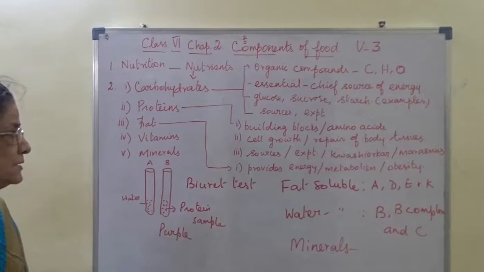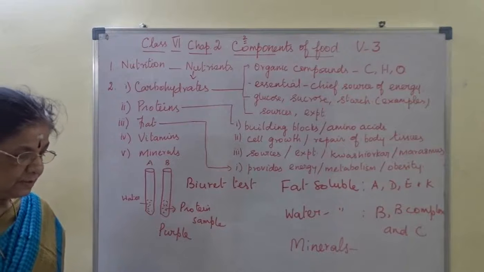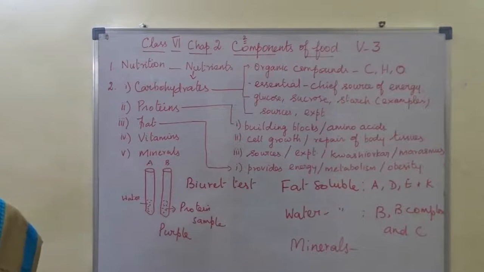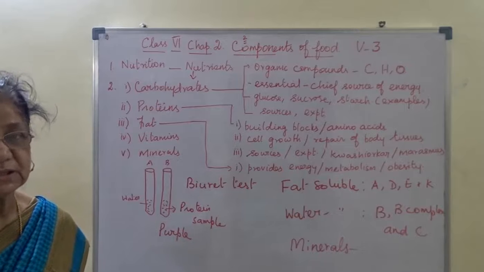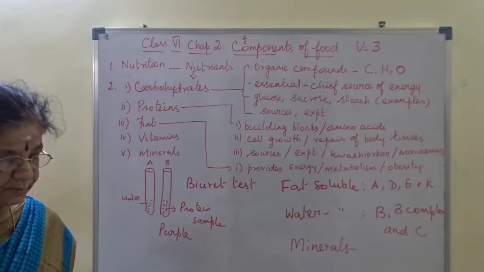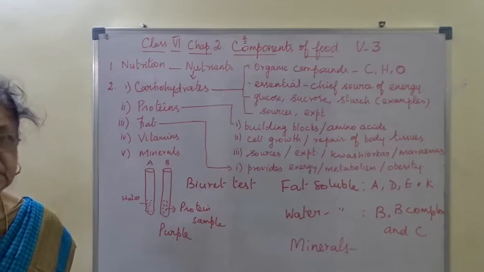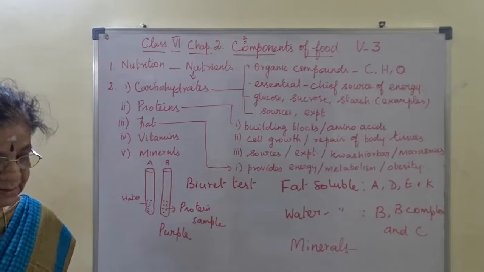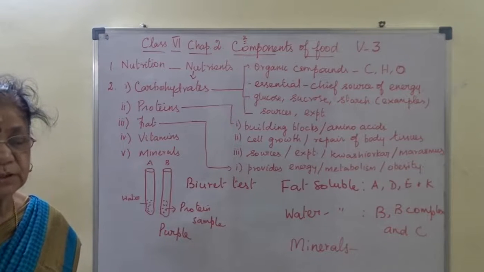Okay. The next one is the water soluble vitamins. Vitamin B1 is also called thiamine. You must know the names: B1 thiamine, B2 riboflavin, B3 niacin, B6 pyridoxine and B12 cyanocobalamin.